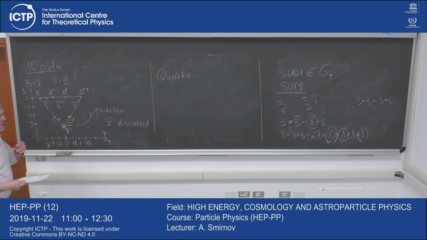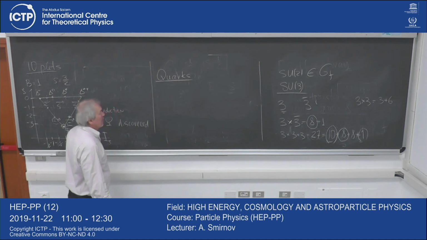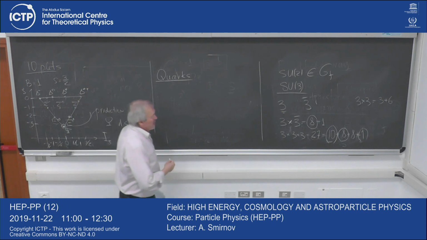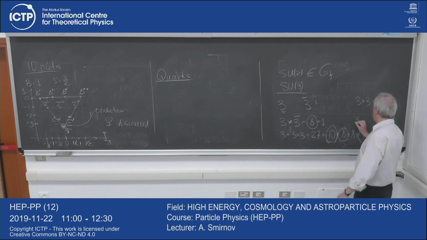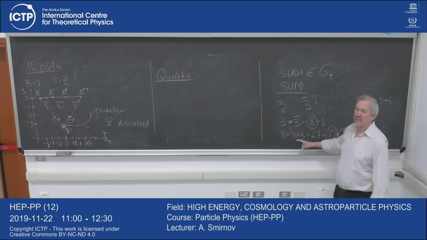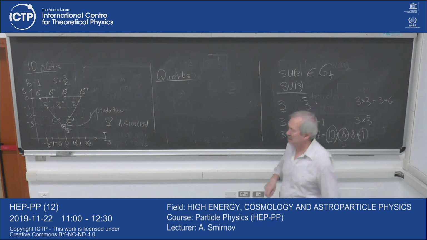Yeah, I will mention this also later. They exist, it seems. So, quarks. Also, it answers the question, what is the meaning that we have particles which transform under 3 times 3, for instance, or 3 times 3 times 3? What is the meaning of these transformations?